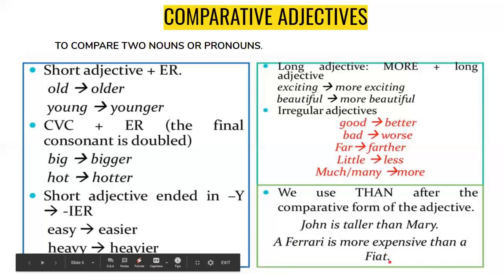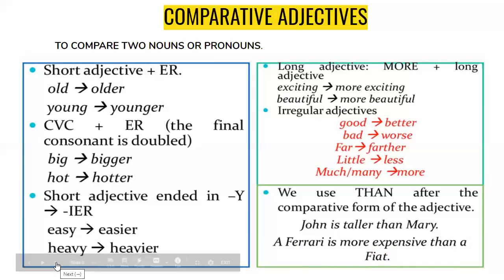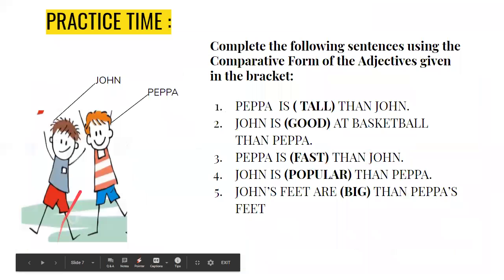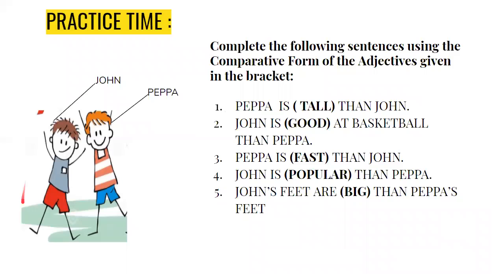So kids, let's quickly practice these comparative adjectives so that we don't forget them. I've given you here a very short exercise of just 5 sentences, taking in these 2 kids with me, John and Peppa.